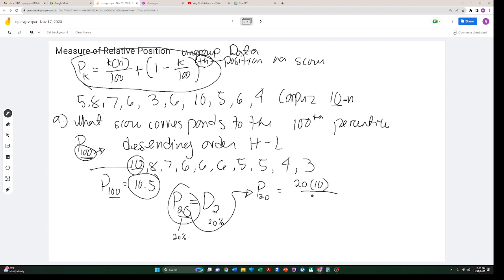Then divide by 100, k percentile times n plus 1 minus k, which is your 20, and then divide by 100. So 20 times 10, which is how much?